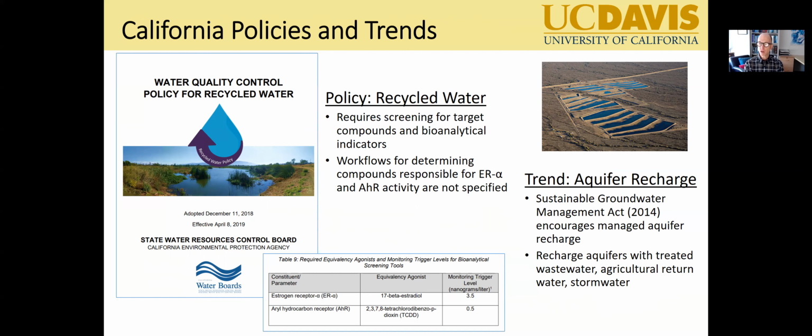And a lot of districts are trying to increase their supply by recharging their aquifers with a variety of water sources, including treated wastewater, agricultural return water, stormwater, etc. At the same time, another arm of the state of California, the State Water Resources Control Board, has adopted a water quality control policy, which says, among other things, that you will test these waters that might be used in an aquifer recharge project for not only target compounds, like we might expect, but also to look for particular in vitro bioassay results like estrogen receptor agonism and aryl hydrocarbon receptor agonism.